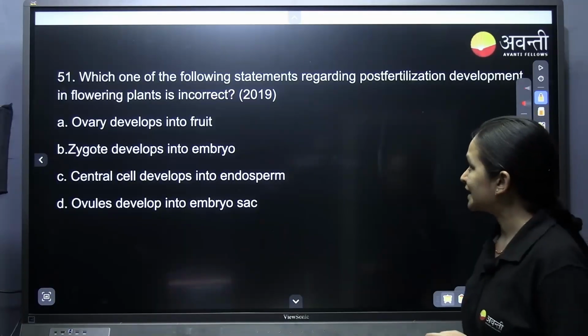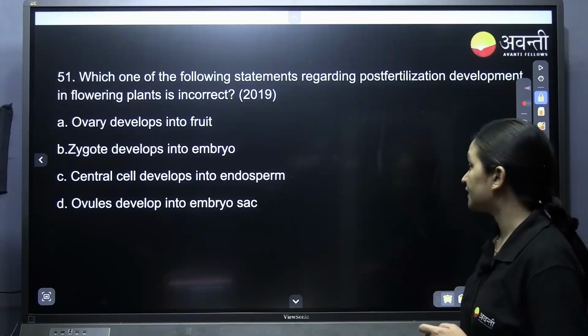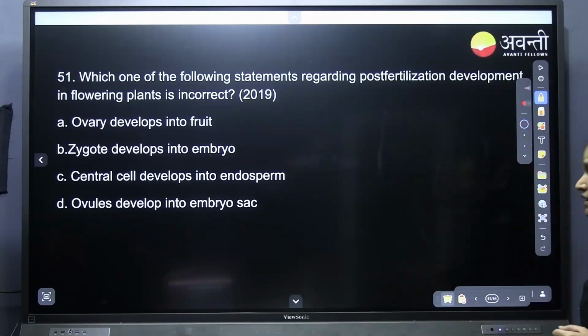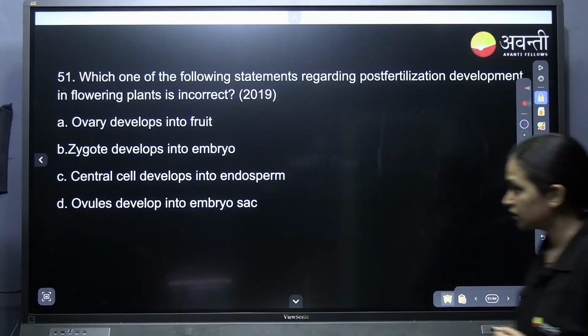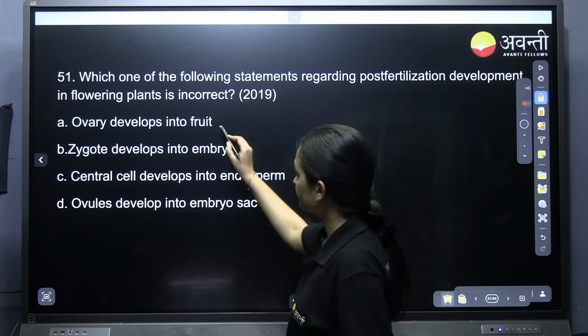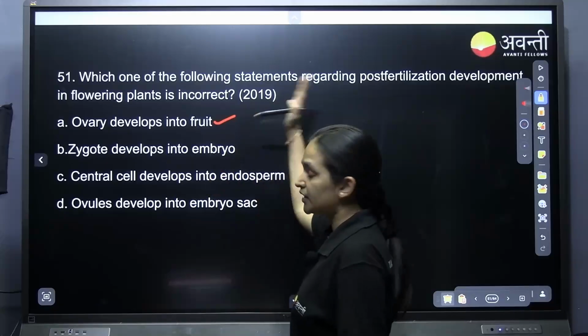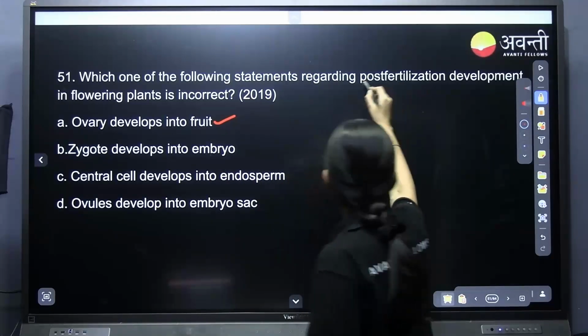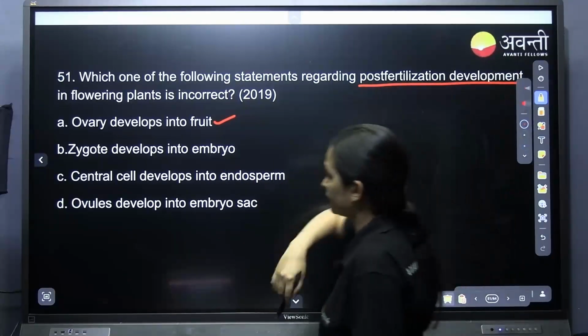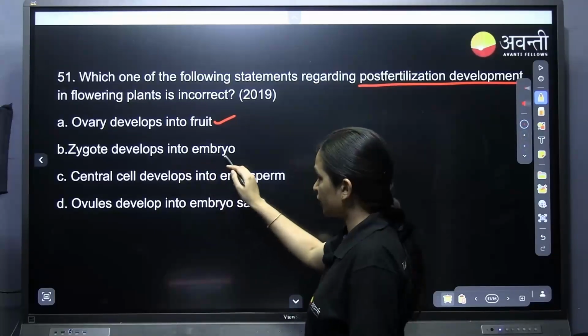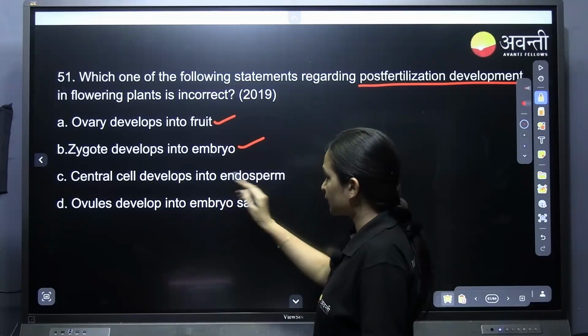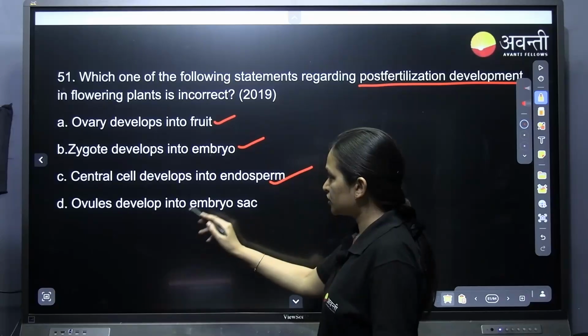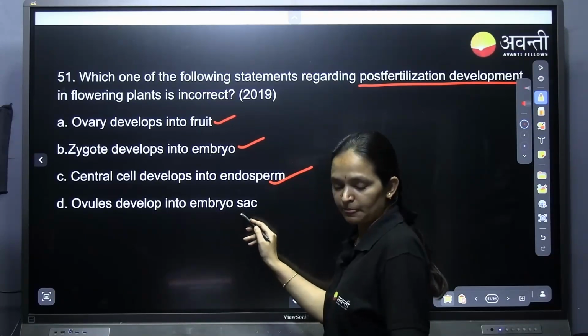Which one of the following statements regarding post fertilization development in flowering plant is incorrect? Ovary develops into fruit. Correct. Like we are seeing the post fertilization events. Zygote develops into embryo, true. Central cell develops into endosperm, true. Ovules develop into embryo sac.